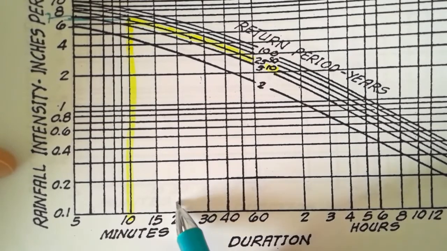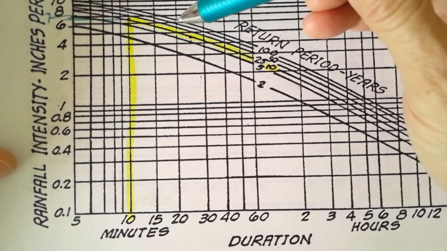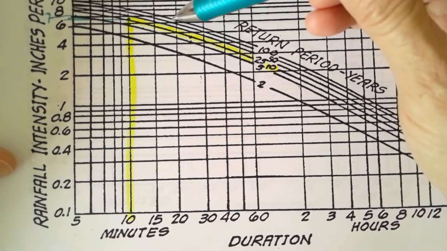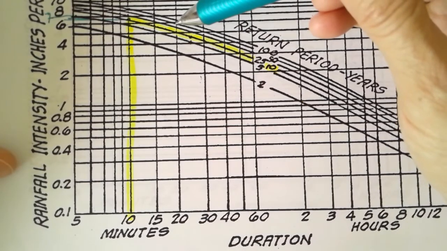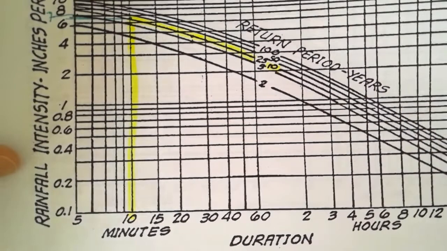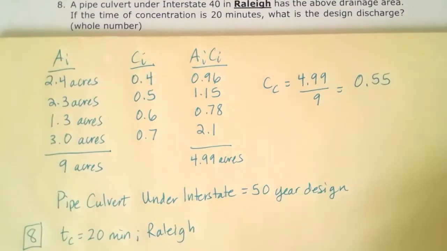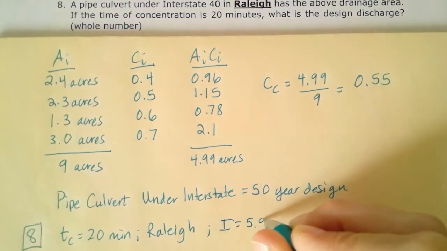And I'm going to follow that up until I see that 50-year bent line here, and it's the second one from the top because 100 is the top, so second one down, and it looks like that's coming right at the 6, maybe a little bit before the 6, so I'm going to call that intensity 5.9, but you can call that closer to 6 if you want. So I'm going to say that I is equal to 5.9 inches per hour.